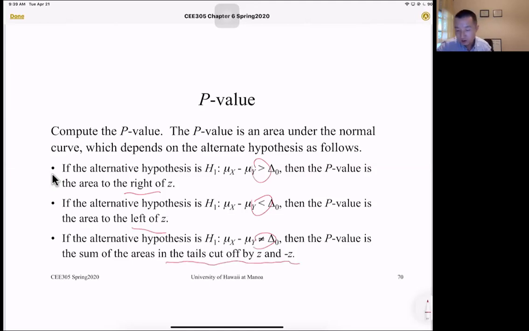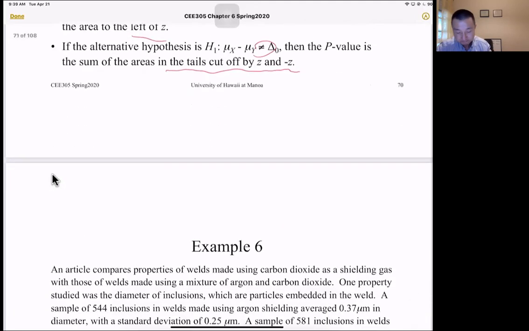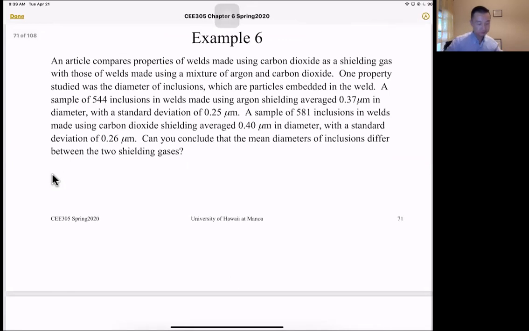So exactly the same as before. The procedure is the same, the setup is the same, but we just use slightly different equations. Which equation to use depends on how the question is asked. In this case, it is the difference between two means.